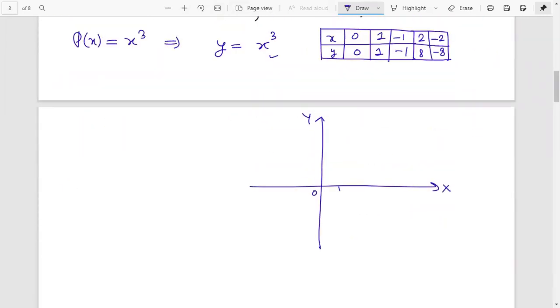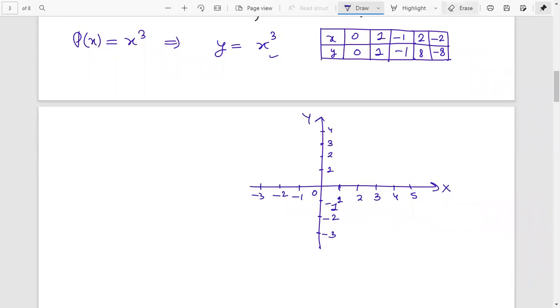Now we can plot some values with equal spacing: 1, 2, 3, 4, 5, and take some negative values also: minus 1, minus 2, minus 3, always with equal spacing.